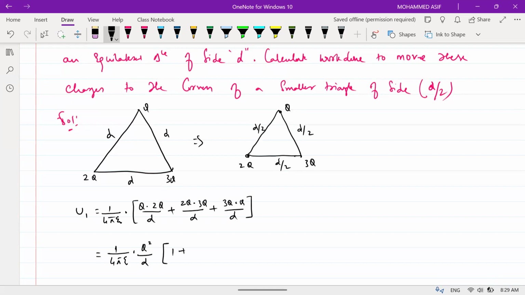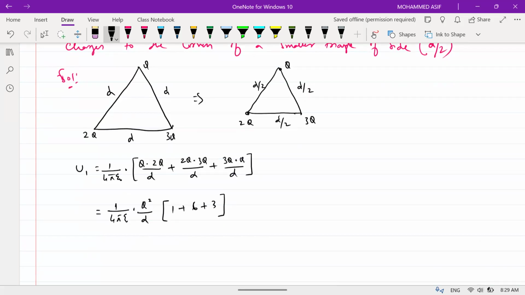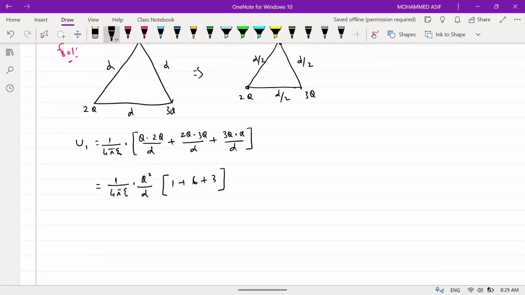This is 2 plus 6 plus 3, so 11. U initial is equal to 1 by 4 pi epsilon naught into 11 Q square divided by D.